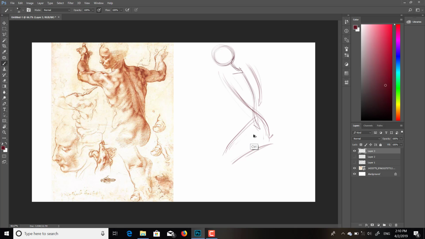But first we don't draw this way, because we don't want to draw symmetrical shapes. So I repeat what's here. 1, 2, 3. Then at the end, because it's a muscle here, latissimus dorsi muscle, at the end I would add it.